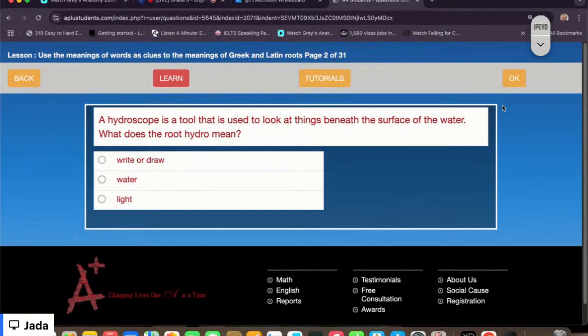Hydroscope is a tool that is used to look at things beneath the surface of the water. What does the root hydro mean?